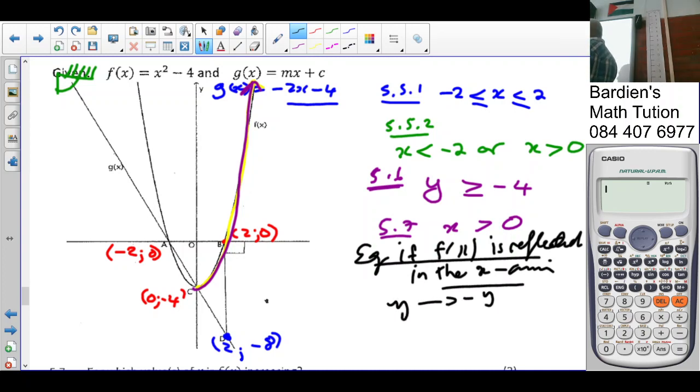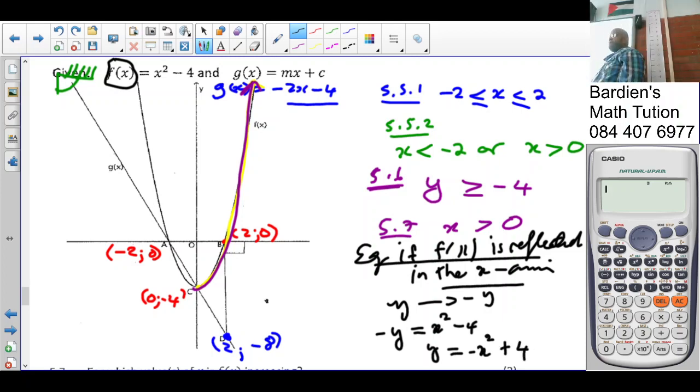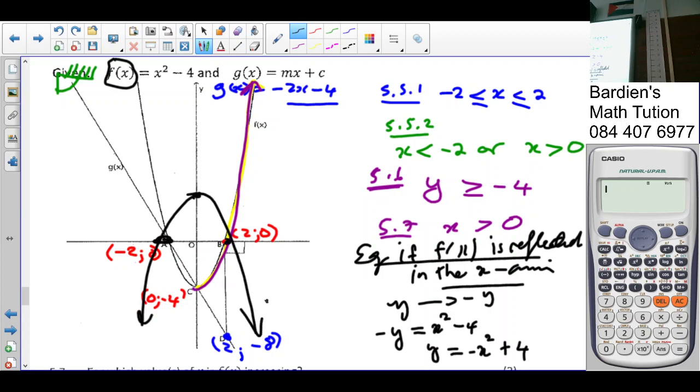So negative y is equal to x squared minus 4. We divide by negative throughout: y equals negative x squared plus 4. If I draw this graph, it will lie approximately there, going through point A and point B. That would be your graph.